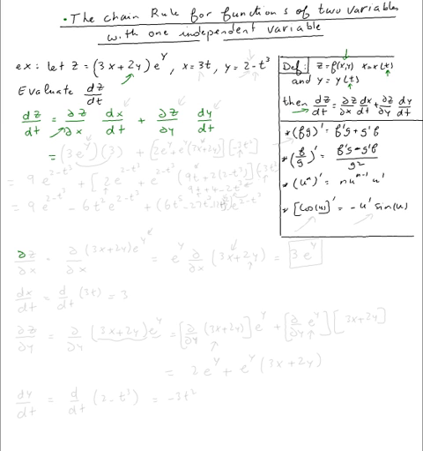Partial z with respect to x is the partial of (3x plus 2y) e to the y with respect to x. Now since e to the y is a constant, I can take it outside.